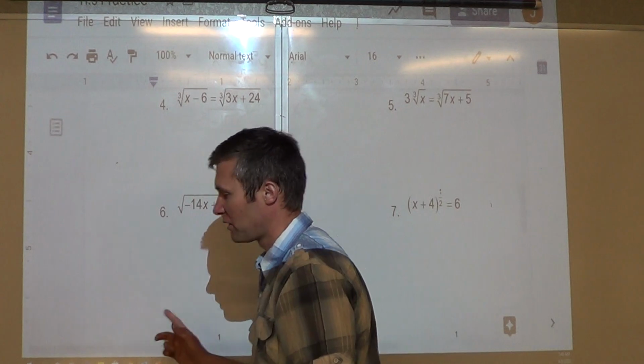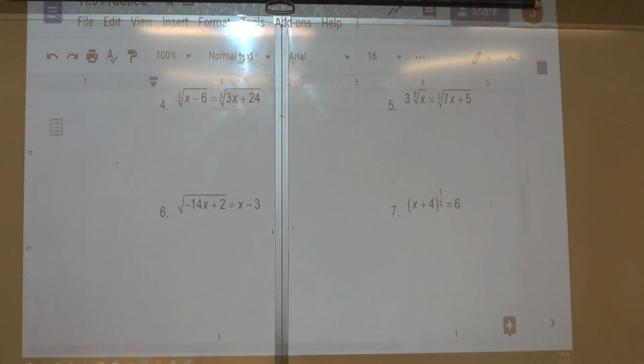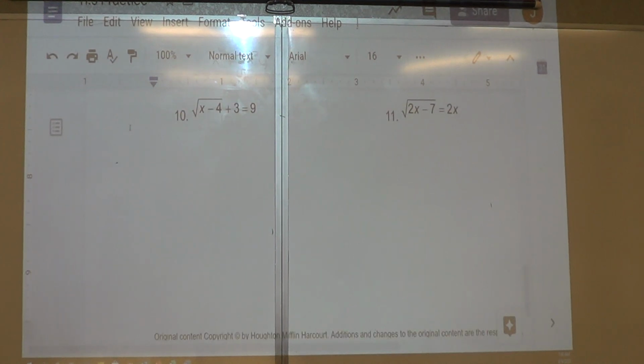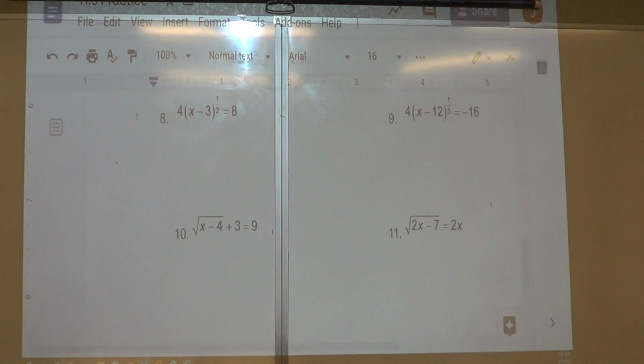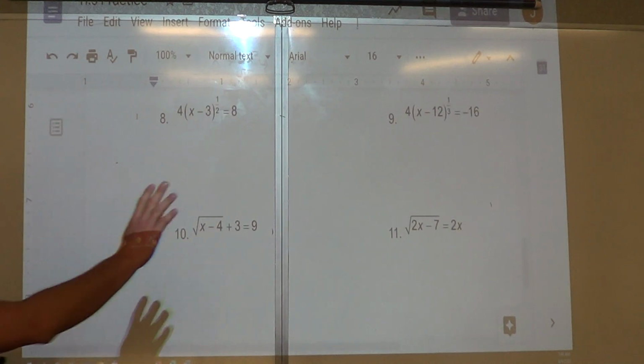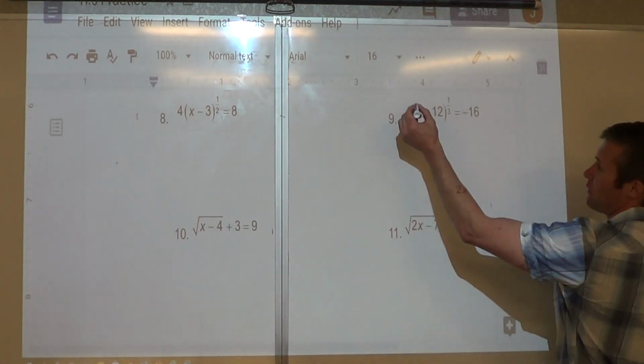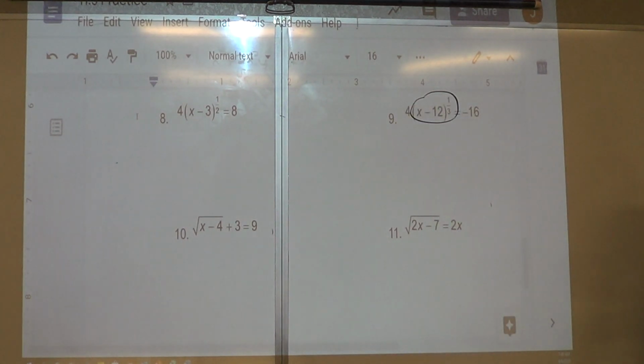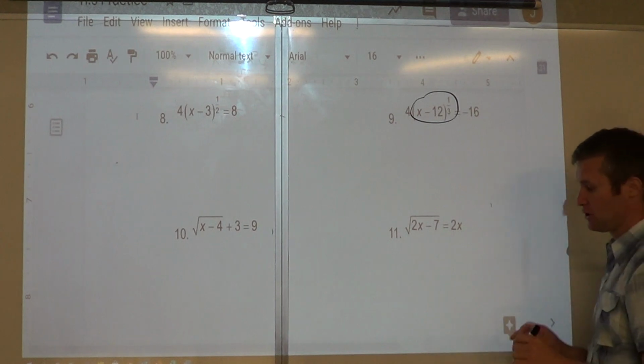The last ones that I wanted to look at, on number 10, we'll do 10 and 11, the last two. When you go through, we always want to isolate my radical. So I want to look at 9, 10, and 11 real quick. We will always want to get this by itself. There's a couple of different ways you could do it.